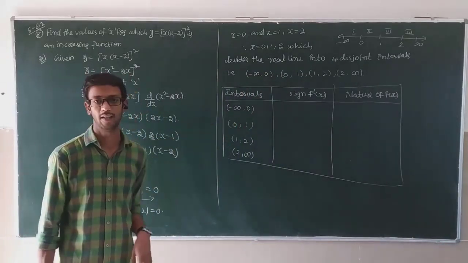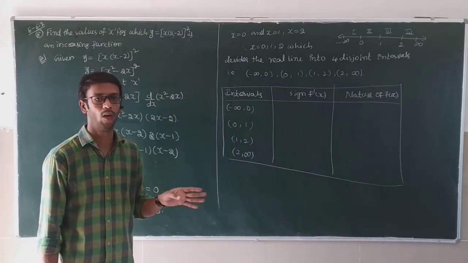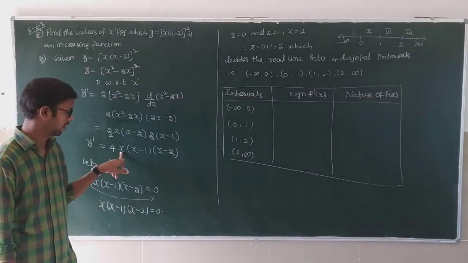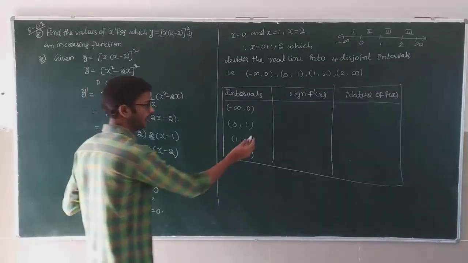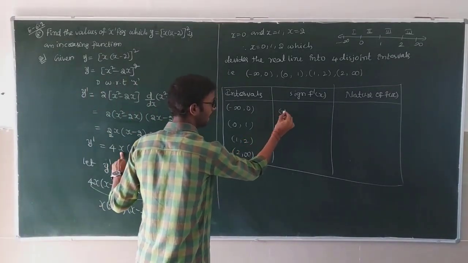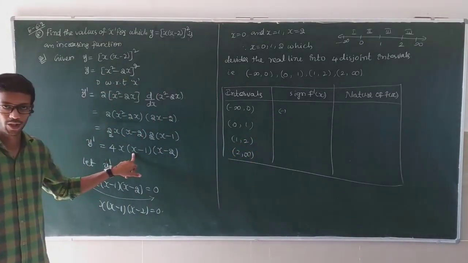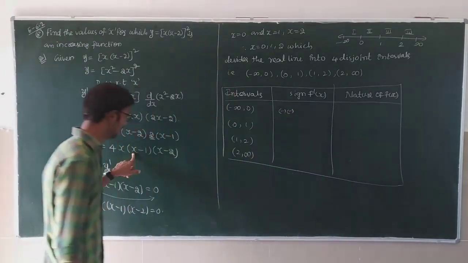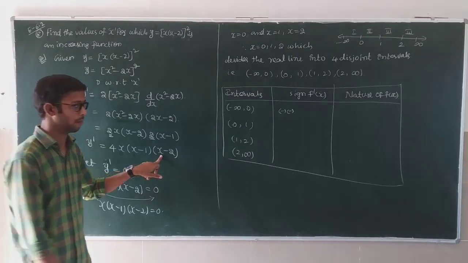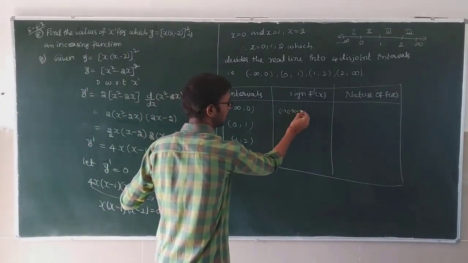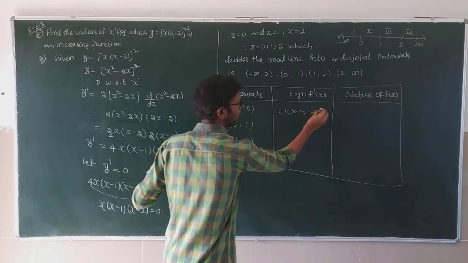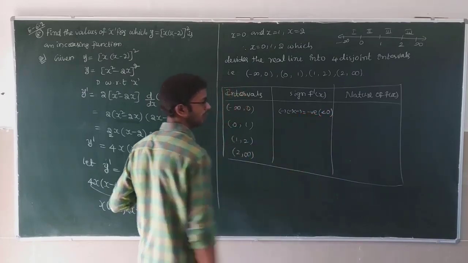For minus infinity to 0, I will take minus 1. Substitute x as minus 1 here: minus 1 is negative, minus 1 minus 1 is negative, minus 1 minus 2 is negative. Negative, negative, negative, so the total will be negative. Negative means less than 0.